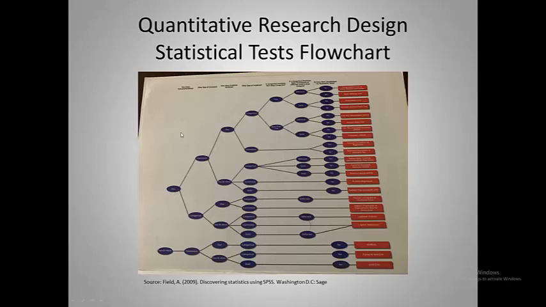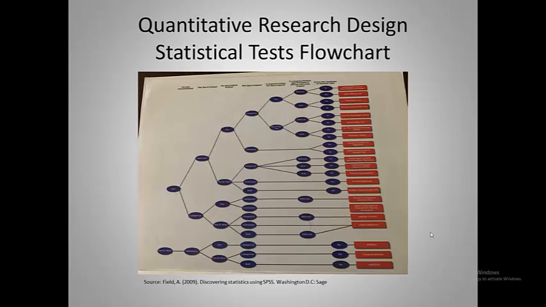For example, here it's asking you how many outcome variables do you have? Is it 1 or 2? Based on your answer, you move to the next level, till you reach the red boxes here, which are your statistical tests that you are going to be using in that case.